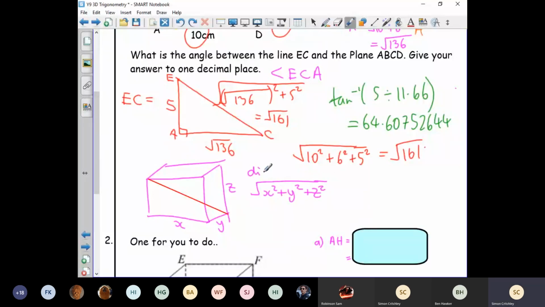And that's the diagonal across the shape.